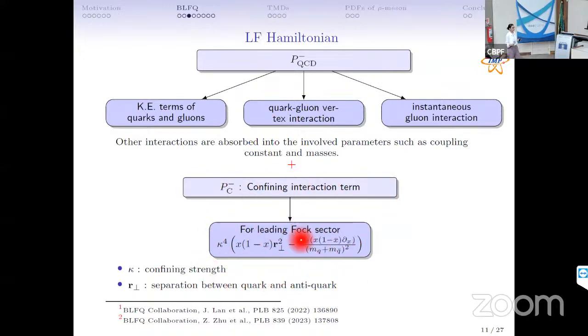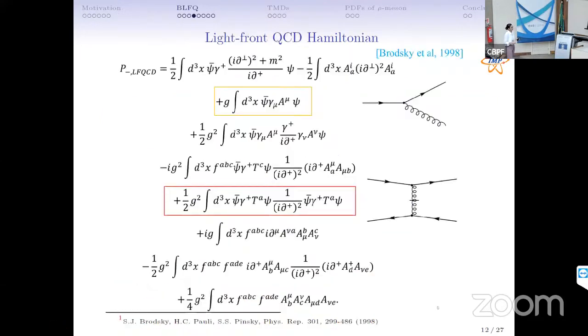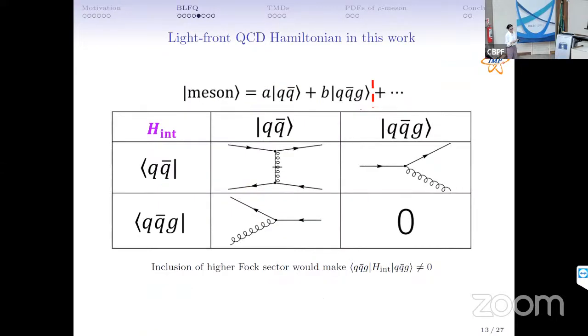This is some phenomenological modeling. Mathematically, we take these two interactions into account. This term is zero yet, but when we include the higher Fock sectors, it will be non-zero.